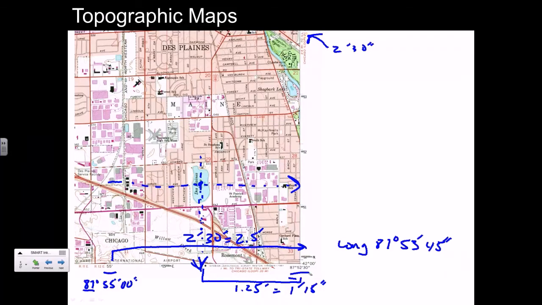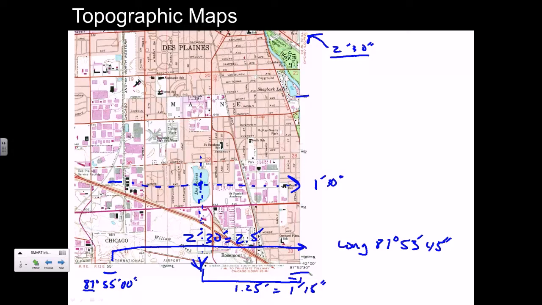And so all these distances, these increments, these subdivisions are in increments of 2 minutes and 30 seconds on this particular size of map. And so that means that I'm probably, or very close to, in this case, this is probably close to about 1 minute and 30 seconds.